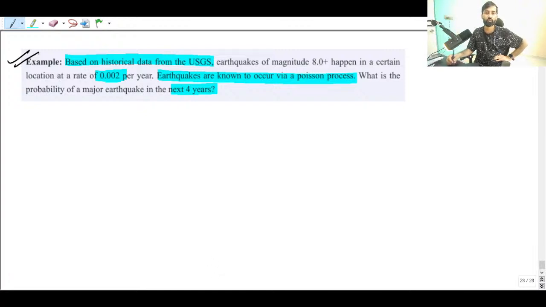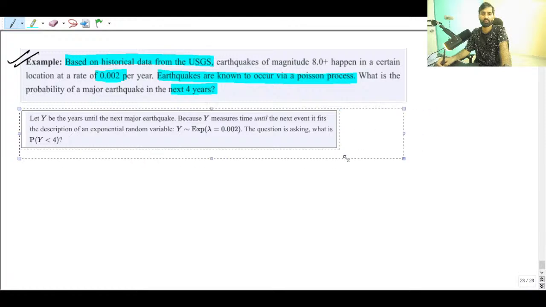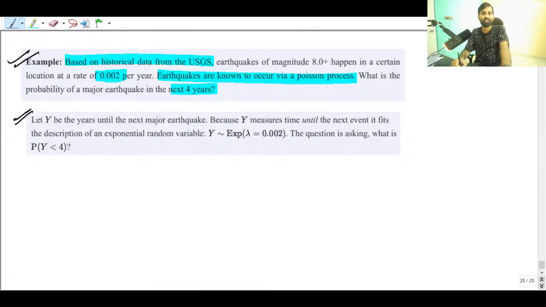Okay, so what we can do here is we can model the situation, right? So they are asking basically what is the probability of a major earthquake in the next 4 years? Okay, so basically they are asking this, you read this point. So let Y be the years until the next major earthquake occurs, okay, until the next major earthquake.